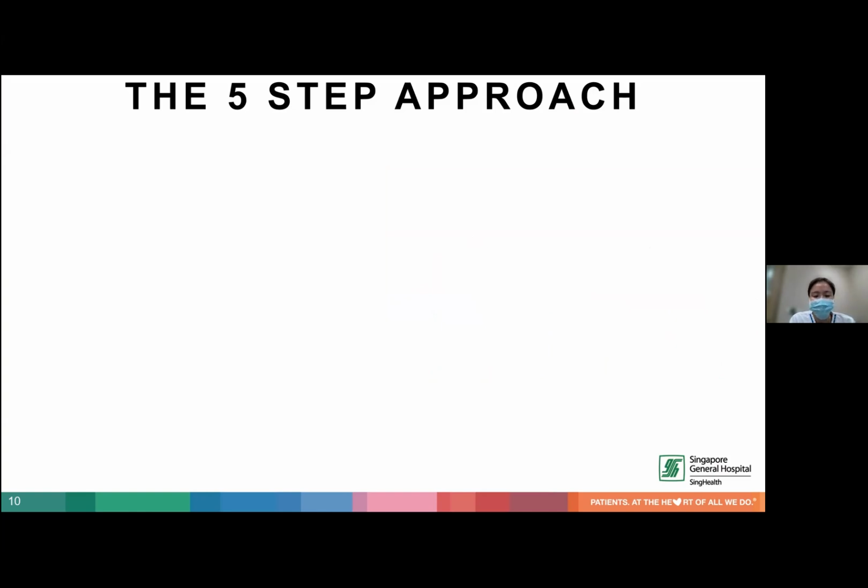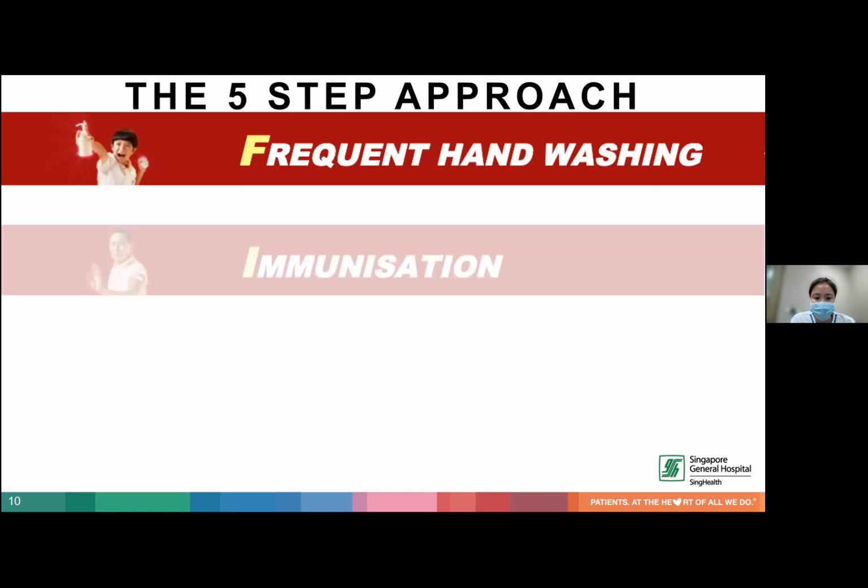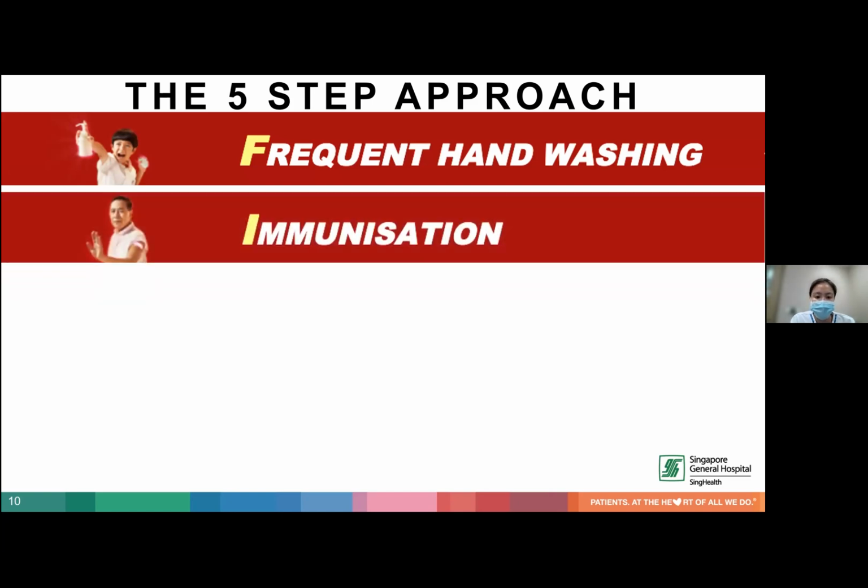So the first one, F, is for frequent hand washing, which is very important in preventing the spread of the virus from the various lung infections. Second, I for immunization, which is also the vaccination to help your body build immunity to those infections.